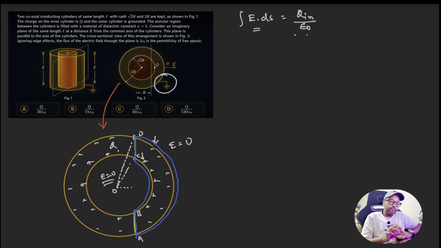Okay, if we take that as the Gaussian surface, what happens is that the electric field on this particular Gaussian surface is again happening due to the sections AB, the curved section BC, the vertical section CD, and then the curved section DA, right? So let me just write down the flux would be flux of AB, flux of BC, flux of CD, and flux of DA, right?